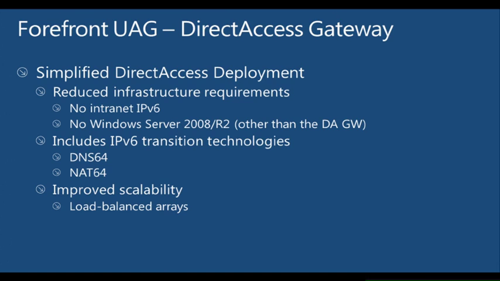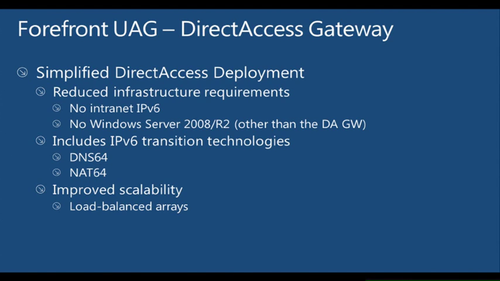When you deploy UAG as your DirectAccess gateway, of course, we reduce a lot of those infrastructure requirements. It does not require any IPv6 on your intranet. So that's important. It also requires no other changes to your infrastructure. You don't have to have Server 2008 or R2 domain controllers or DNS servers. The only box that needs to be Server 2008 R2 is the DirectAccess gateway server itself.